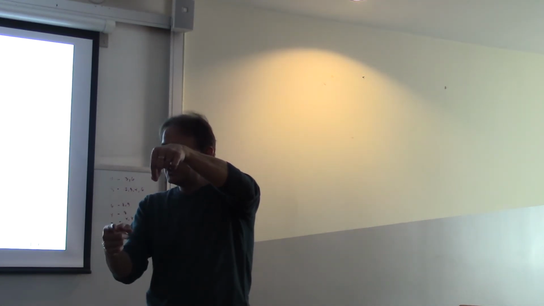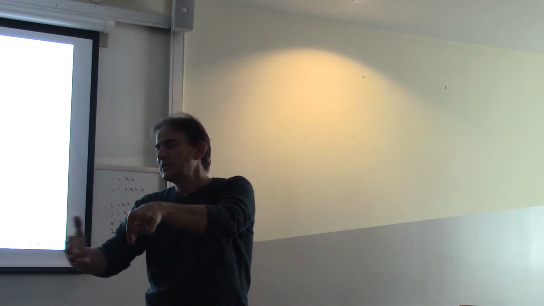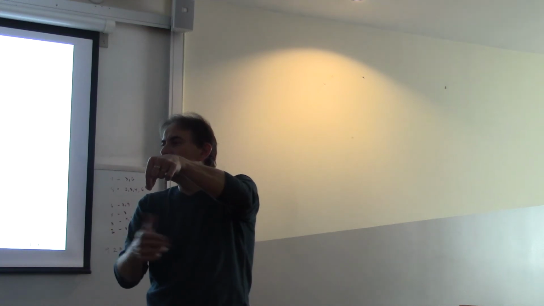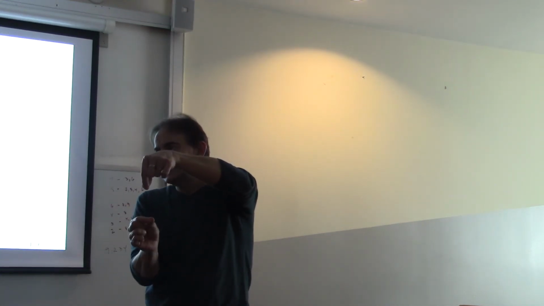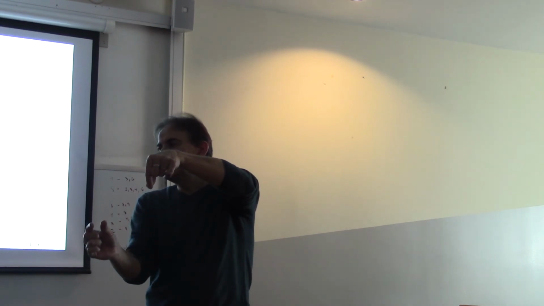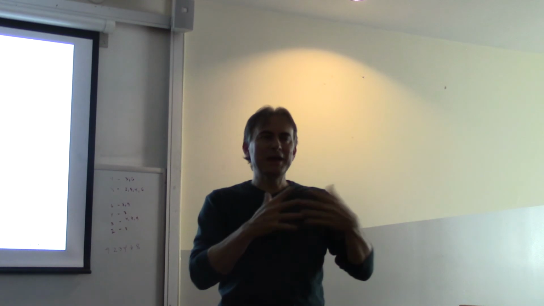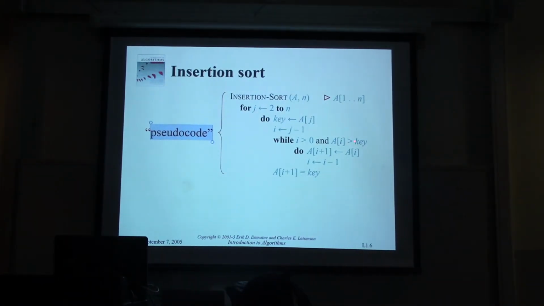And then I look at the second one. Are you less than or equal to me? If the answer is yes, then I can go into this slot, because everything is going to be fine. I slide only if the element is greater than me. So if the fourth element is greater than me, it slides. But if the element in position 2 is not greater than me, then I should be in that position. So every time I do a J iteration, this is the outer loop and this is the inner loop.